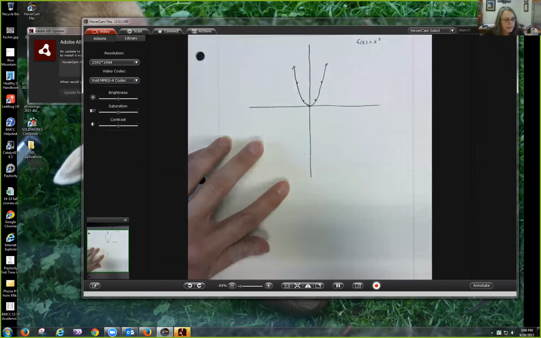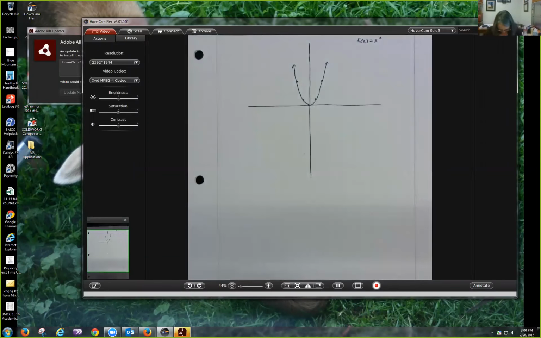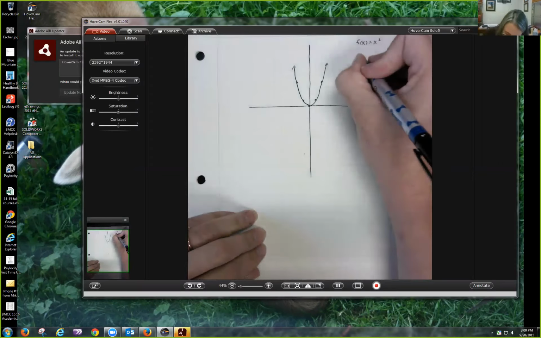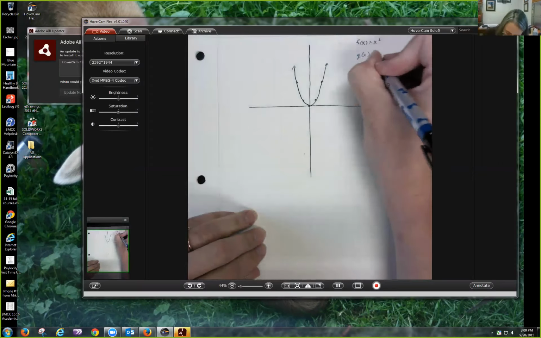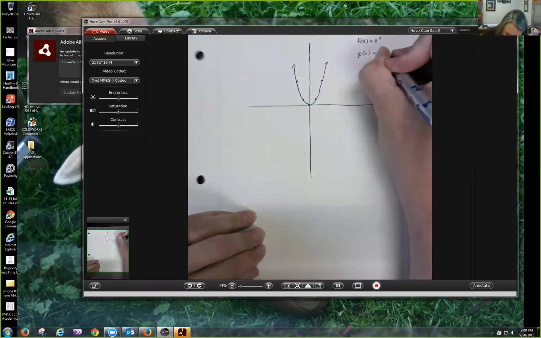Now this time, though, instead of adding on to the outside, I want to look at a different function. I want to look at the function g of x equals x minus 2 squared.